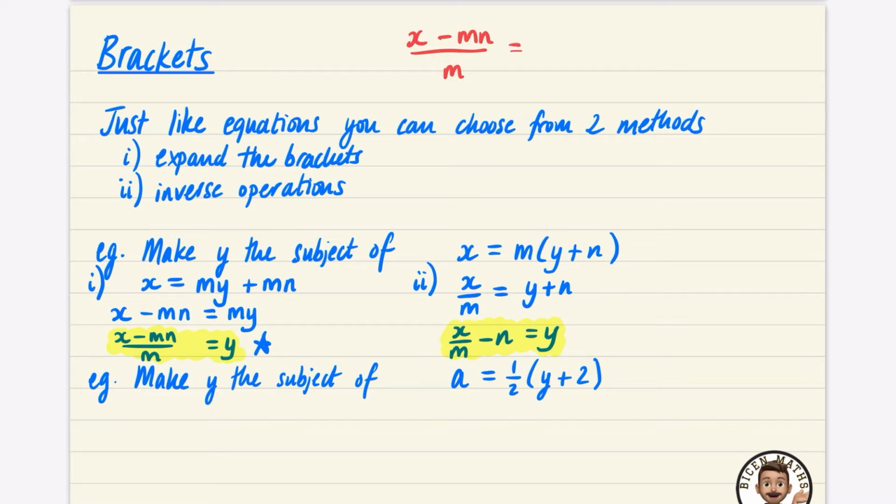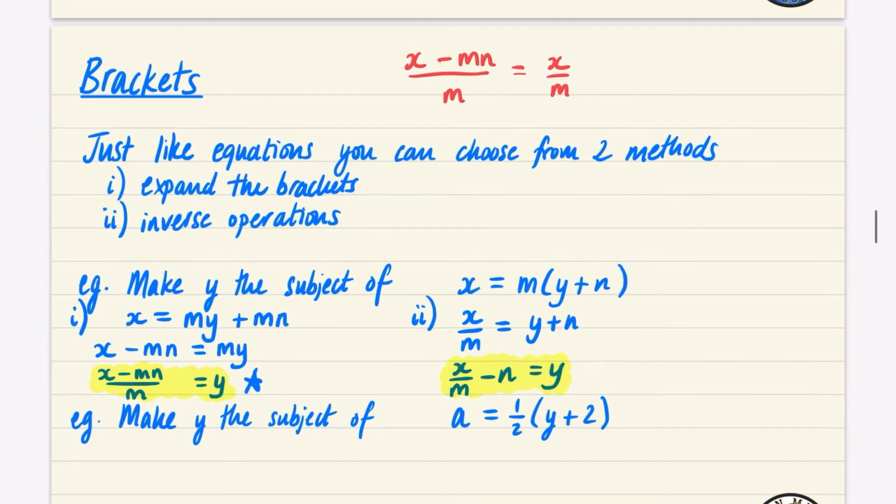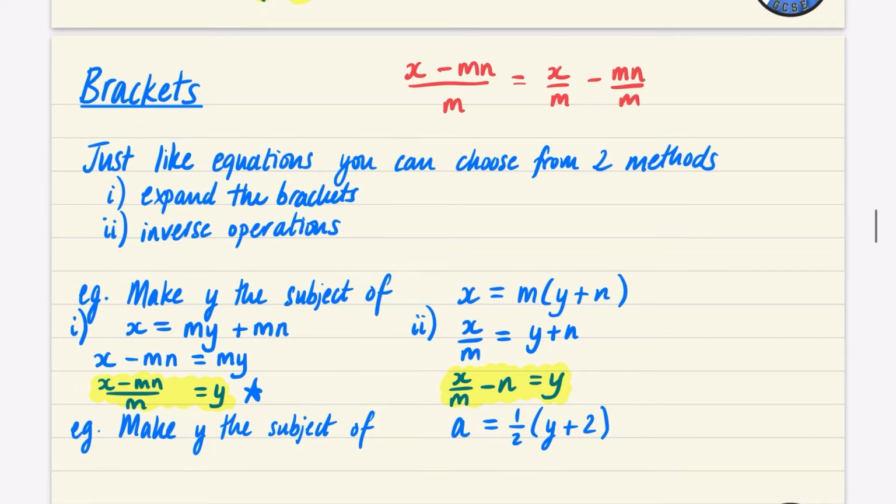It's the same as dividing this by m, which is x divided by m, minus mn divided by m. The way that it works is you can do this part divided by m and this part divided by m. When you do this part divided by m, the m's cancel, and so this is the same thing as x over m minus n, which is exactly the same thing that we've got down here. So even though they look different to each other, they are equivalent, okay?